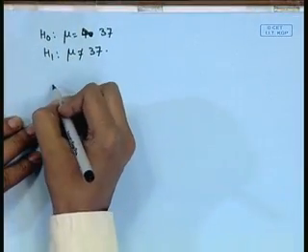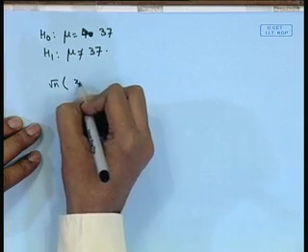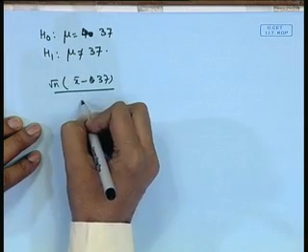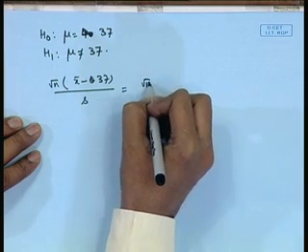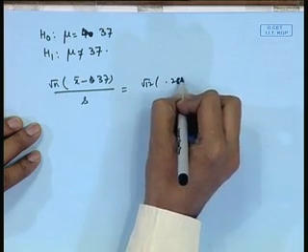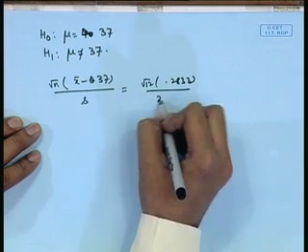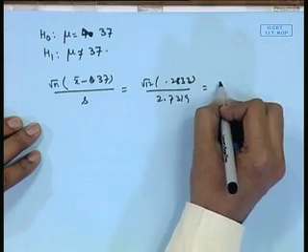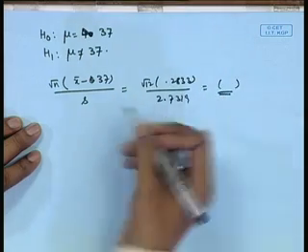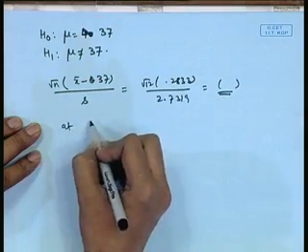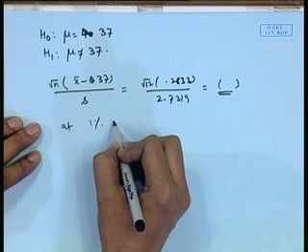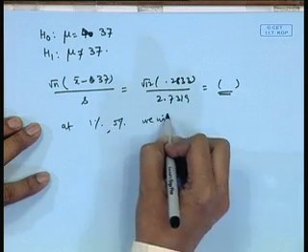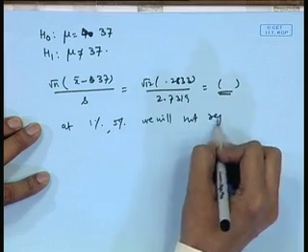Then if you look at the value of root n times x bar minus 37 by S, that is root 12, that becomes 0.2833 divided by 2.7319. This value is much smaller, and in fact at, say, 1% or 5%, etc., we will not reject H naught.